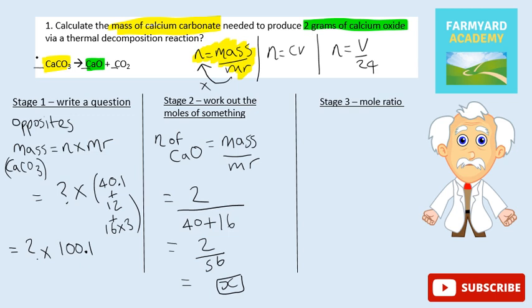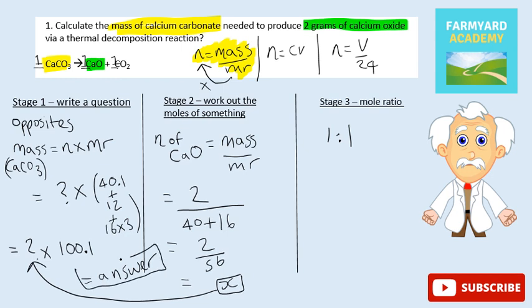What that really means is there's a 1 in front of each, because we don't write that in. So it's a 1, 1, 1 ratio. In terms of the ratio between the yellow one and the green one, it's 1 to 1. So we don't have to do anything to the number of moles, whatever this comes out as. All we've got to do is plug that into our equation and multiply it by 100.1, and you've got your answer.